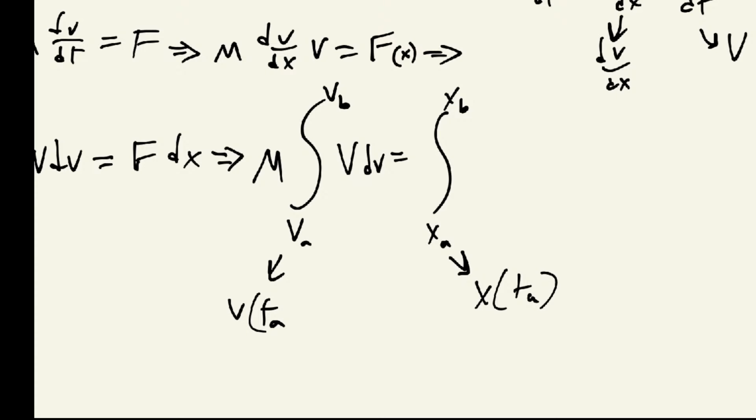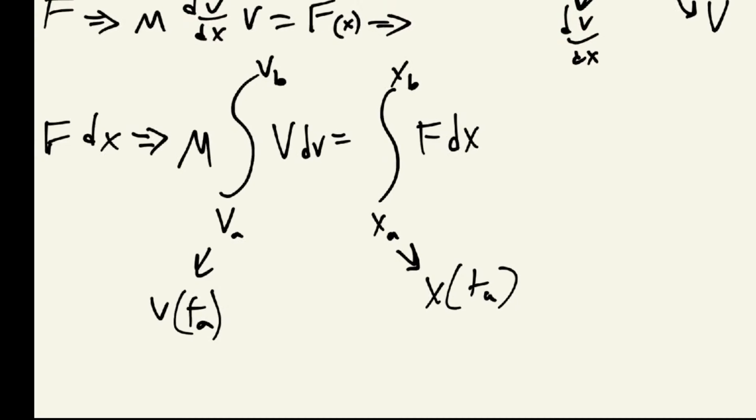That's important because what we're really doing is taking the integral of both sides to the same values, but taking a shortcut where we say v is a function of time in a certain way, and so we call it v sub a and v sub b. And then this is the integral from x sub a to x sub b of f of x dx, right? That's our integral situation.